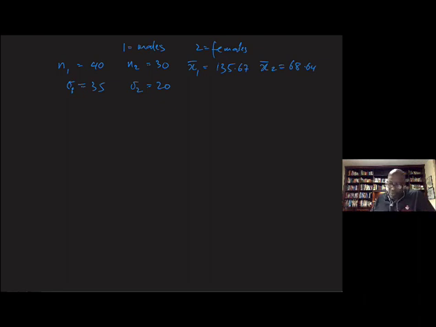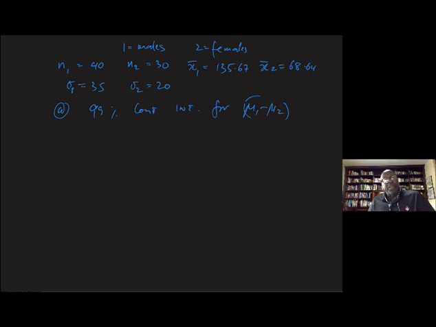So given that information, we want a 99% confidence interval for mu1 minus mu2, the difference between males and females.